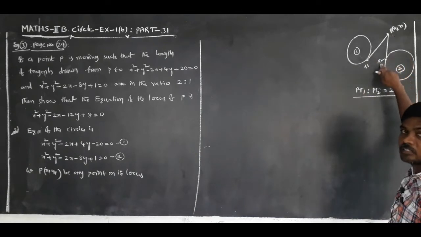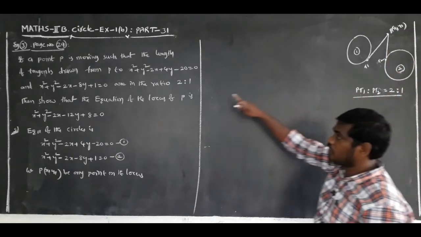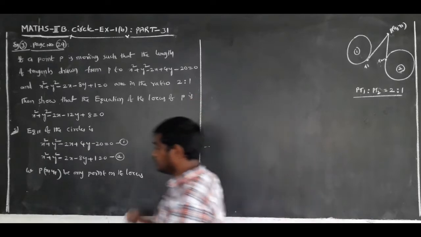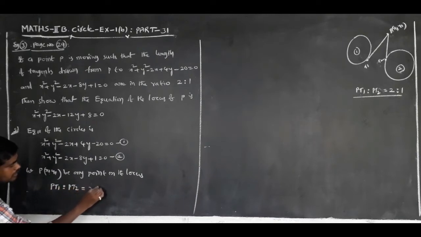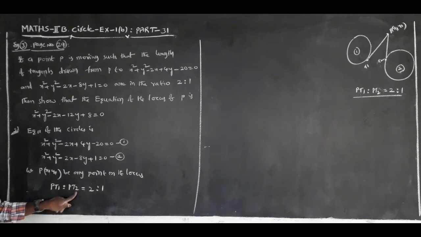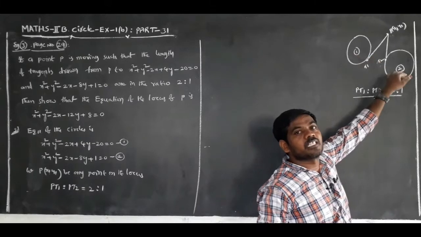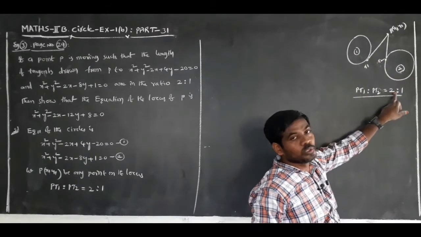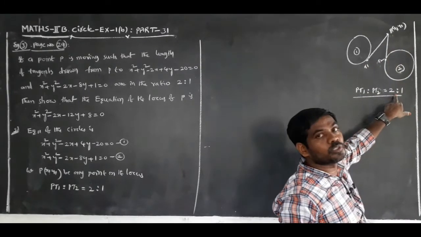PT2 means the length of the tangent drawn from P to the second circle, and they are in the ratio 2:1. This is the given geometric condition.